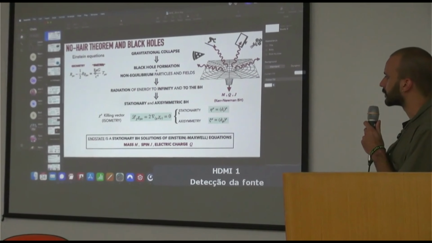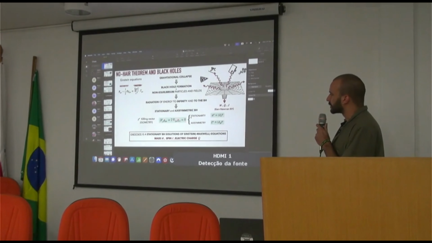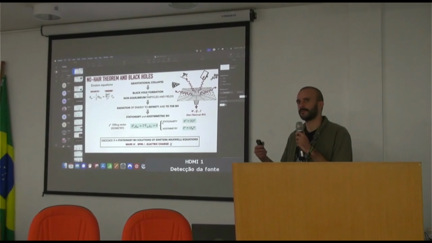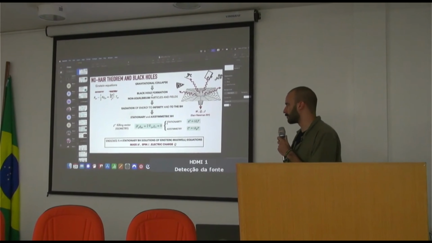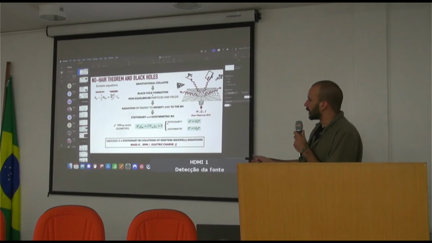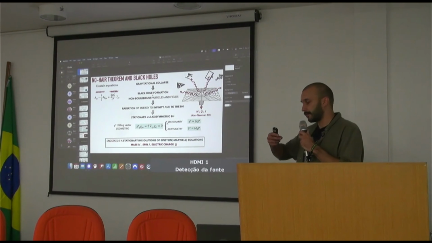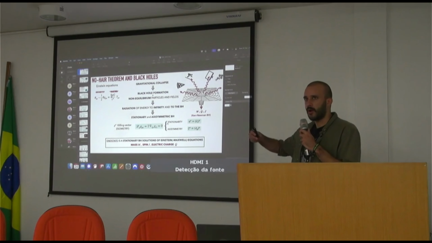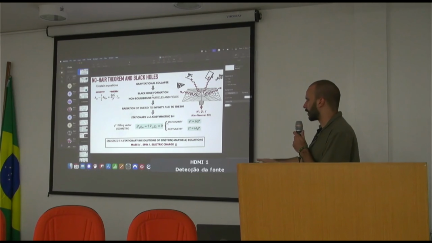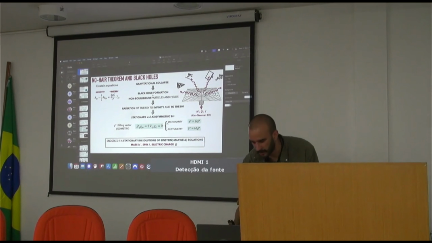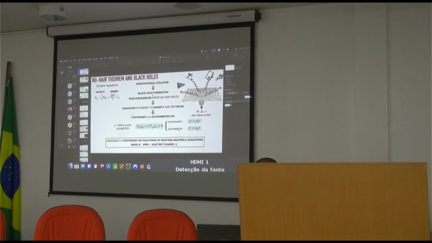Basically, this states that whenever we have a stationary black hole solution of the Einstein-Maxwell equations of general relativity, the black hole will, during the gravitational collapse, radiate away all those characteristics which are not directly related to mass, spin, and electric charge. And I would like this to be stuck in your mind for the moment.